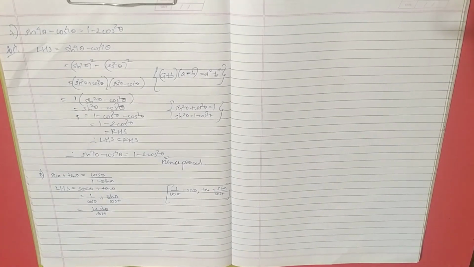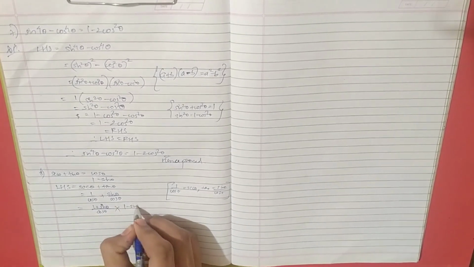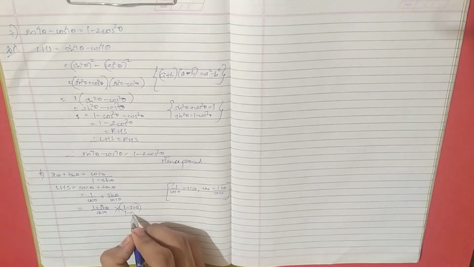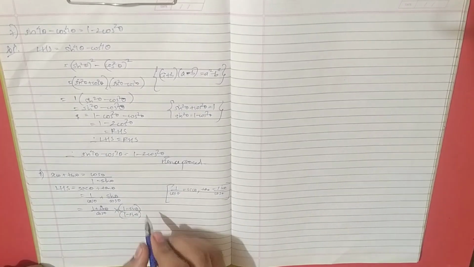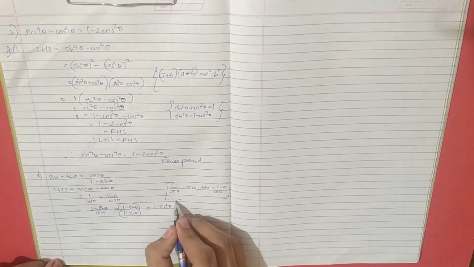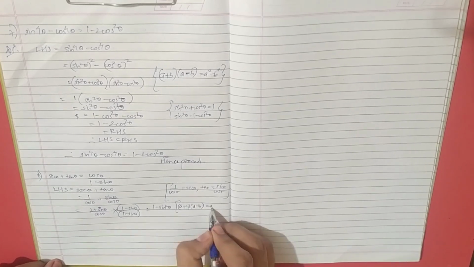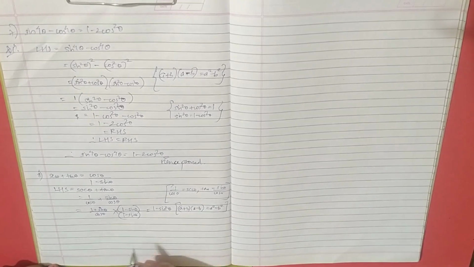Now for further simplifying, we will multiply this by the conjugate, that is 1 minus sin theta upon 1 minus sin theta. This will be 1 minus sin square theta. The reason is a plus b into a minus b is a square minus b square.